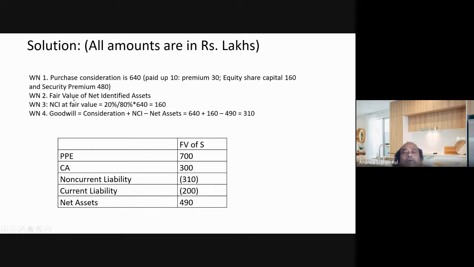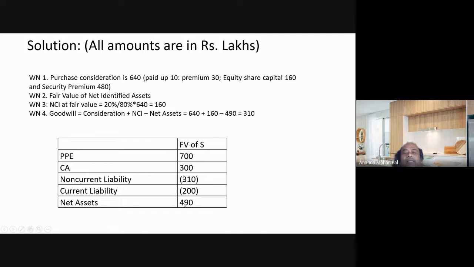Then fair value of net identifiable assets, fair value of S. You see, PPE fair values are given already. PPE 700, current assets 300, non-current liability 310, current liability 200.